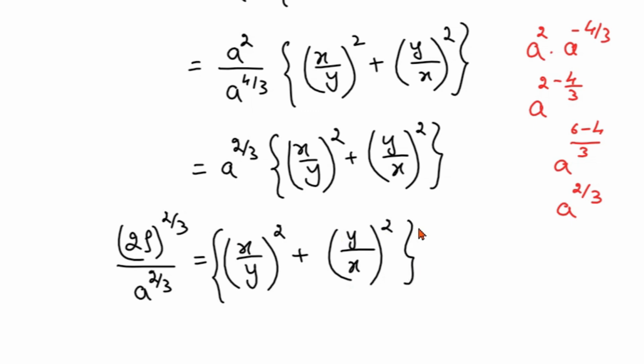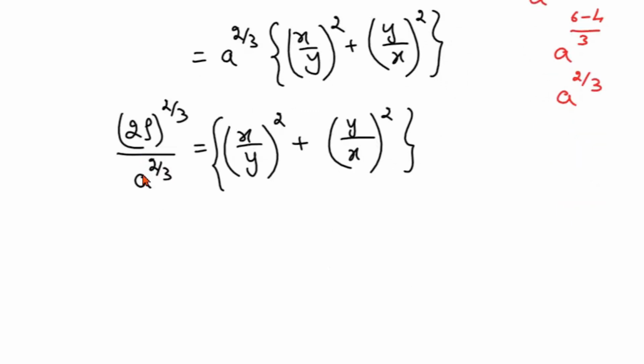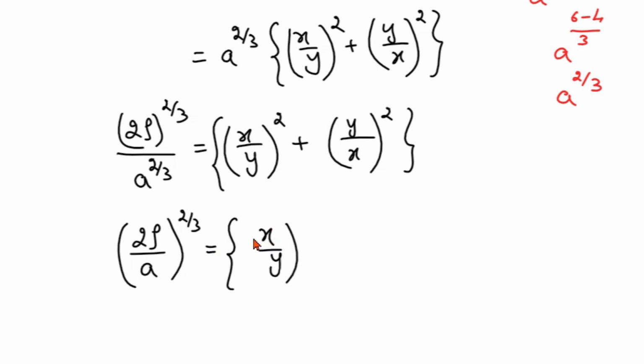Since the denominator and numerator have the same power, 2 by 3, you can just put it as a common power, (2 rho by a) whole power of 2 by 3. That will be equal to (x by y) whole square plus (y by x) whole square. So that is the required solution.